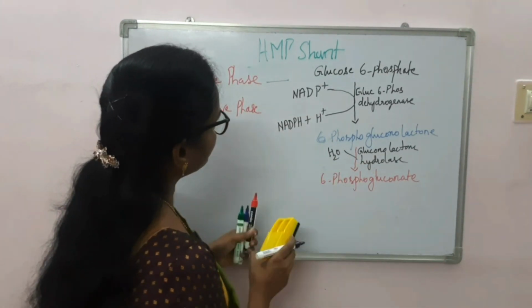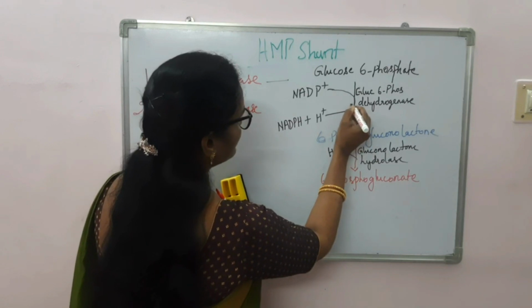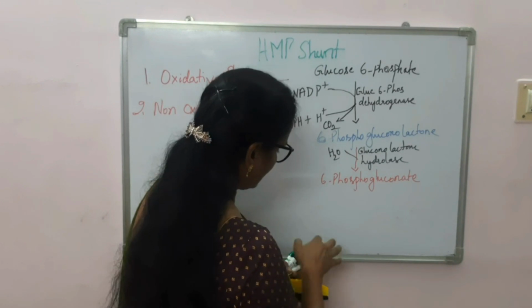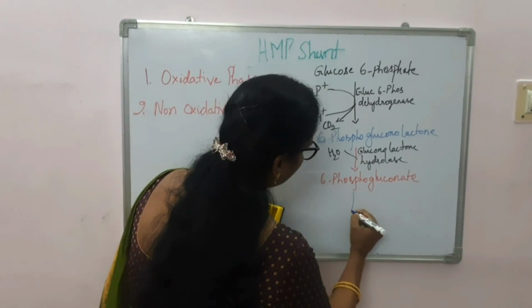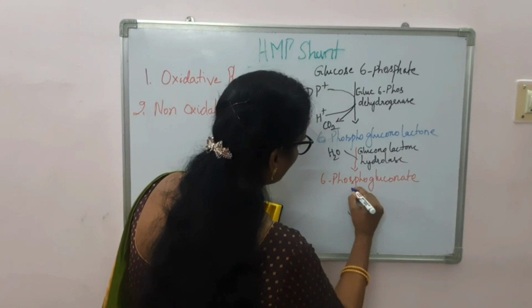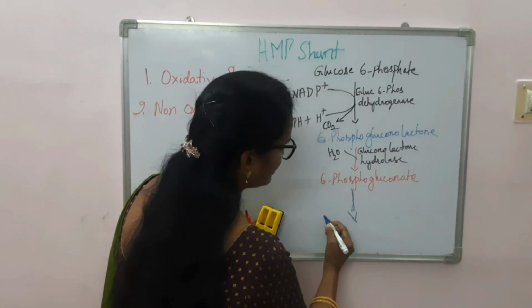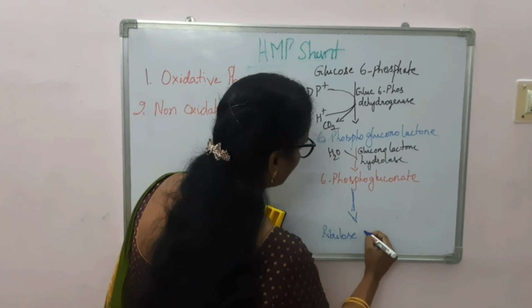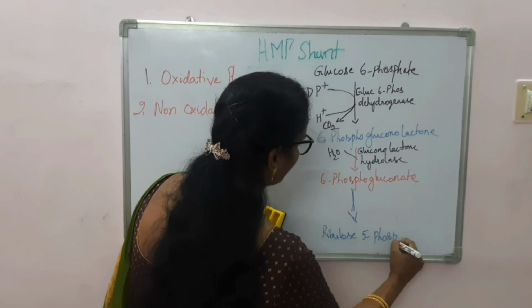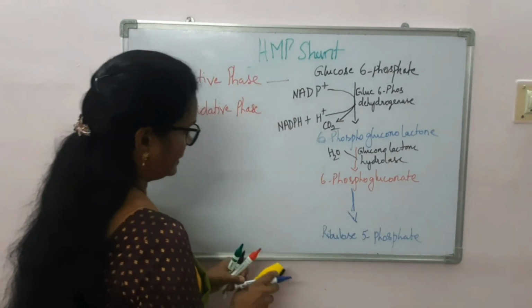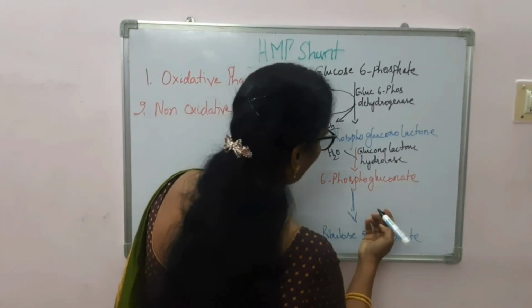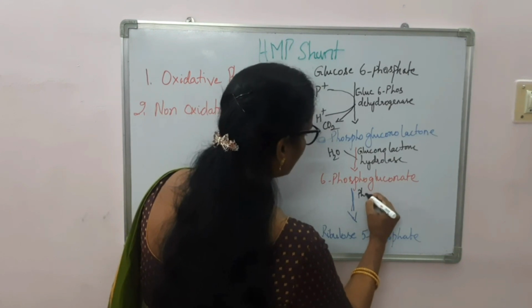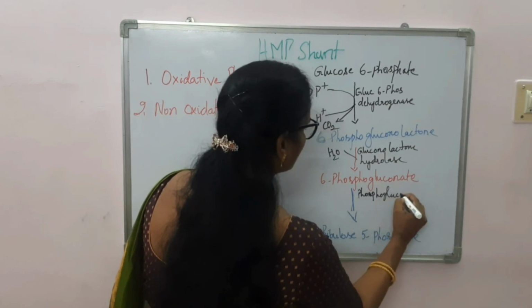And next reaction is again an oxidative decarboxylation reaction. 6-phosphogluconate is converted into ribulose 5-phosphate with the help of phosphogluconate dehydrogenase enzyme.